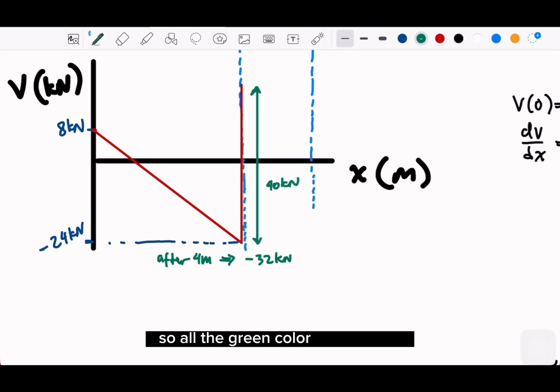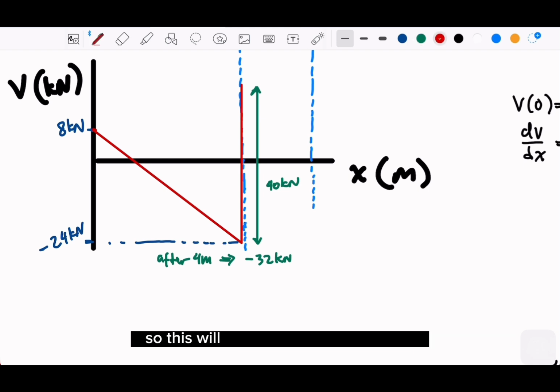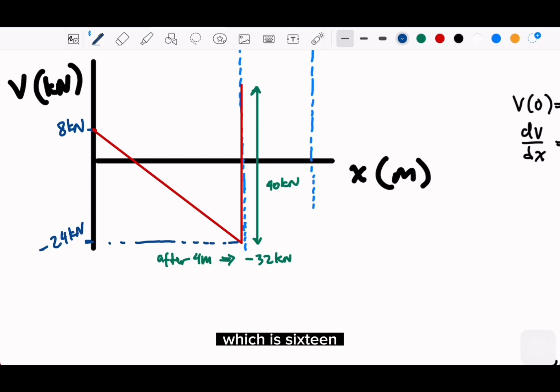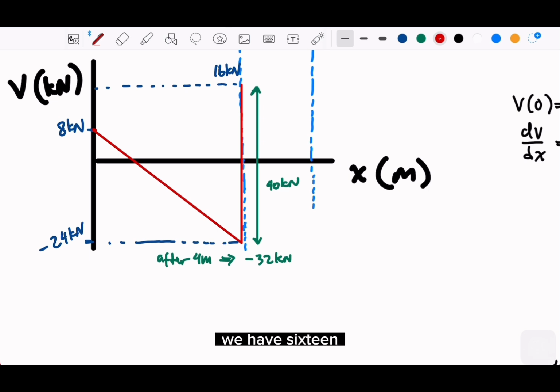All the green color is just notes. So this will be 40 minus 24, which is 16. So this will be 16 kilonewton. And then what will happen? We have 16, and at the end of the C, we have another 16, which means this is constant, and then 0 and finish. We finish the shear diagram.